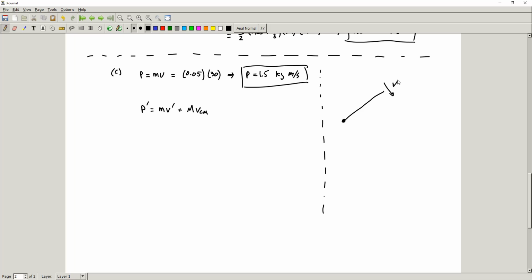But the center of mass of the stick, assuming that the stick has its mass evenly distributed over its full length, which it does, the center of mass of the stick is going to be somewhere here. So we're really going to be interested in the velocity of that center of mass, right? So this is going to be the VCM, okay?